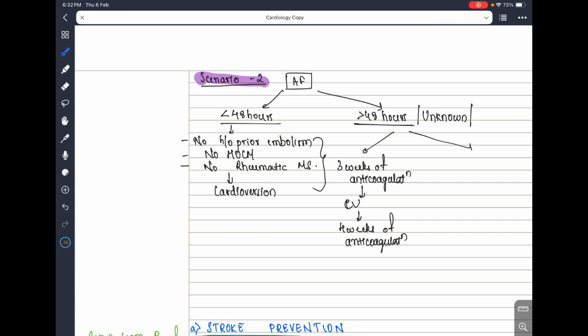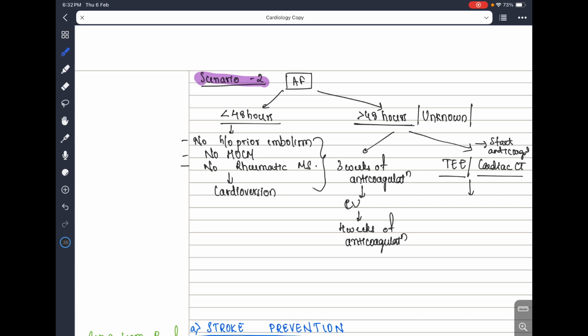The second option is to directly perform investigation to look for thrombus. You can perform transesophageal echocardiography or cardiac CT. First, it will always be to start anticoagulation. Once you start the patient on anticoagulation, perform transesophageal echocardiography and or cardiac CT.